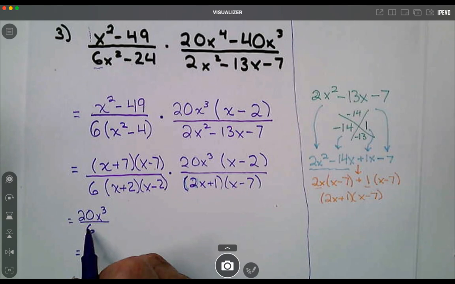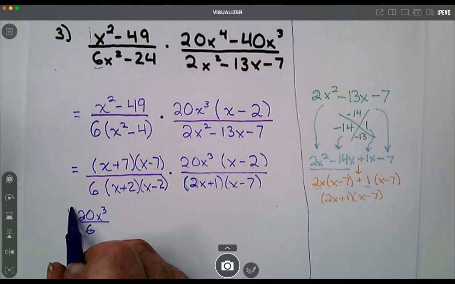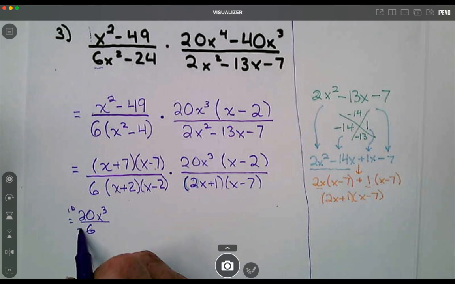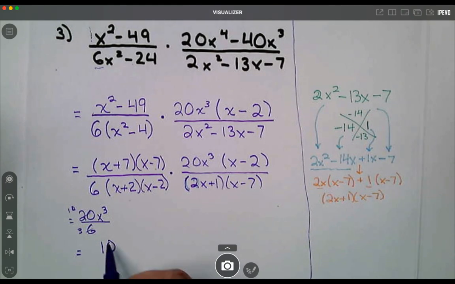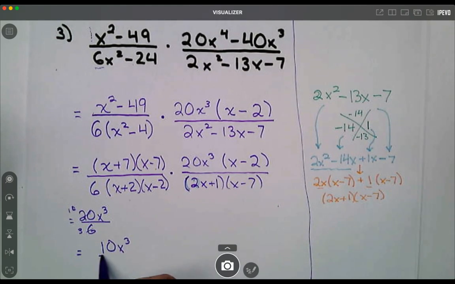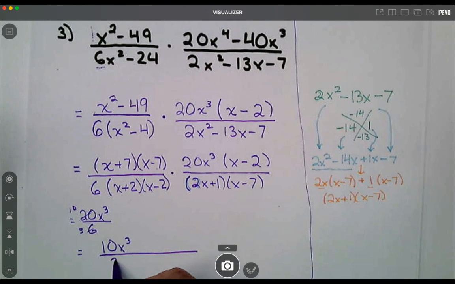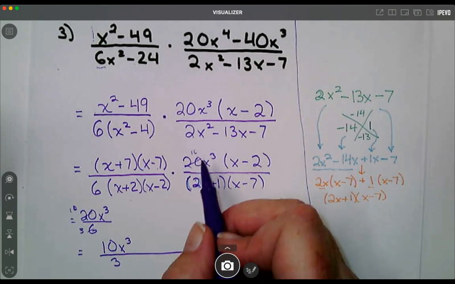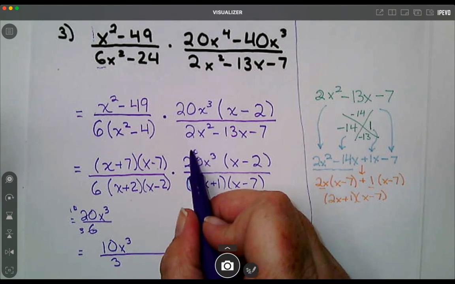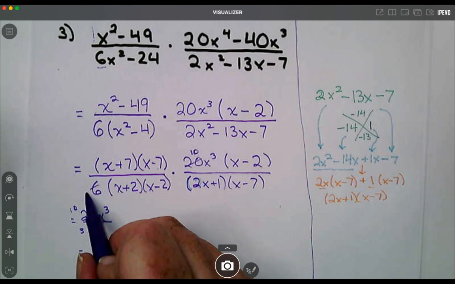You could divide top and bottom by 2, and that would get you 10 over 3, and the x to the third is going to stay put. So that's 10x to the power of 3 over 3. Right? So this became a 10. Oops, let me make that a little clearer. Because I divided by 2, this became a 3.